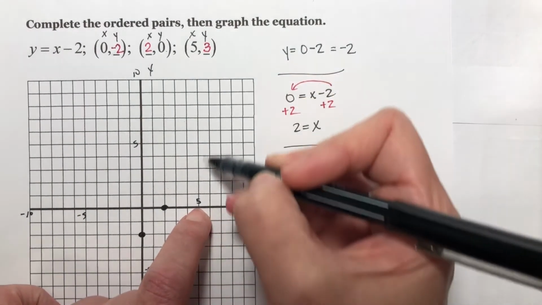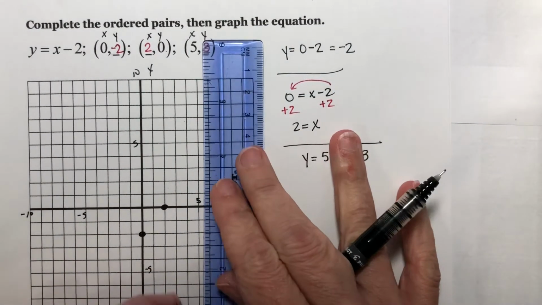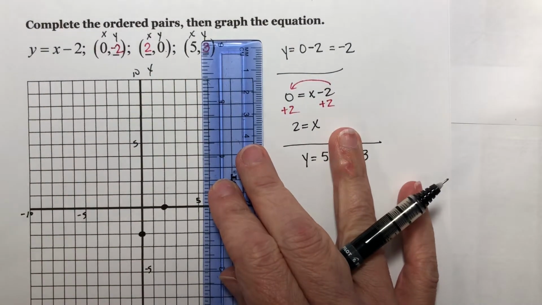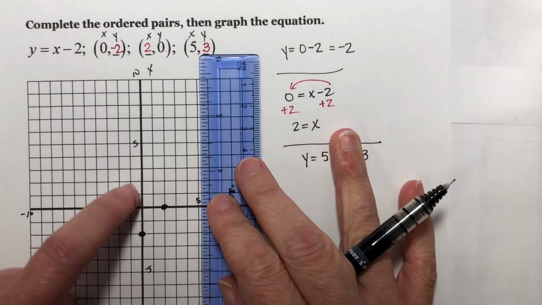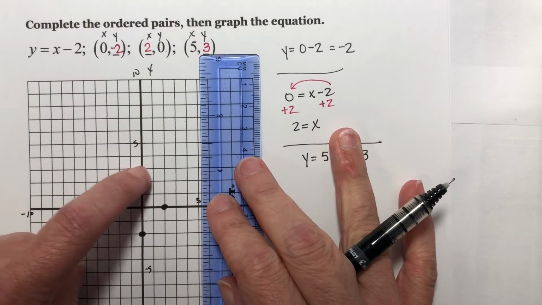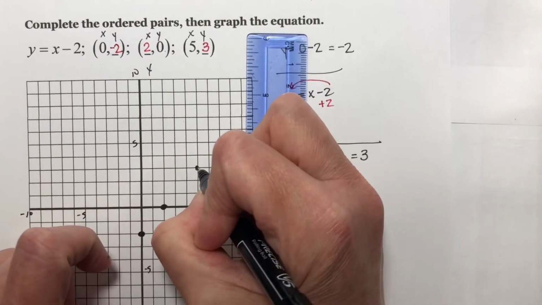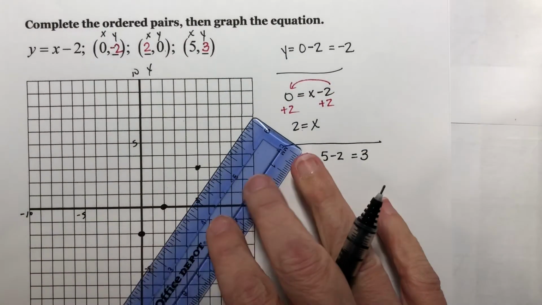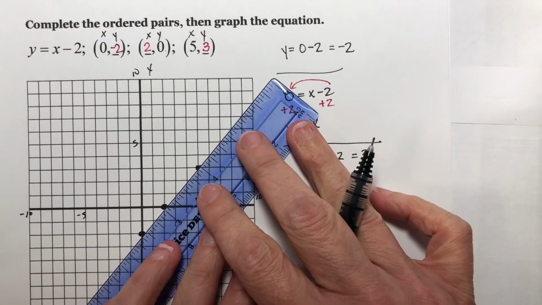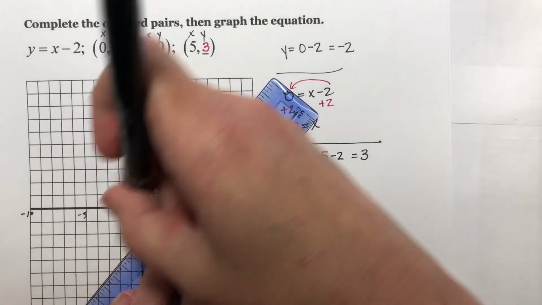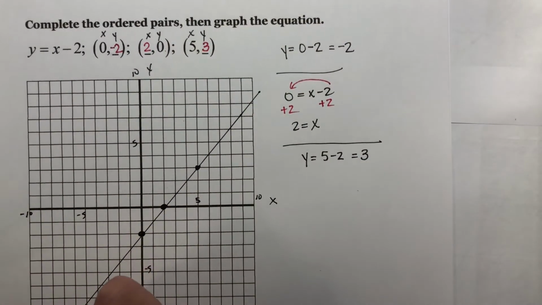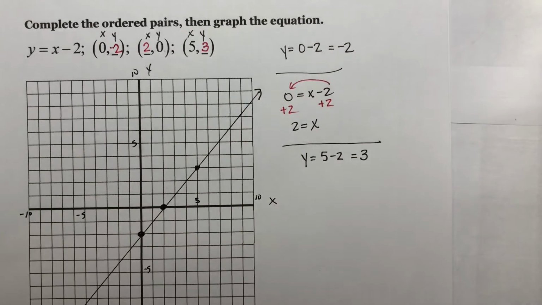I'm going to be lined up with it somewhere. You can use a ruler if you want to. I'm lined up somewhere here. And then I go to 3 on the y, which is here. Where do they line up? This point right here. Now, do all 3 of these points line up? Yes. Draw your line. And you have solved this equation.